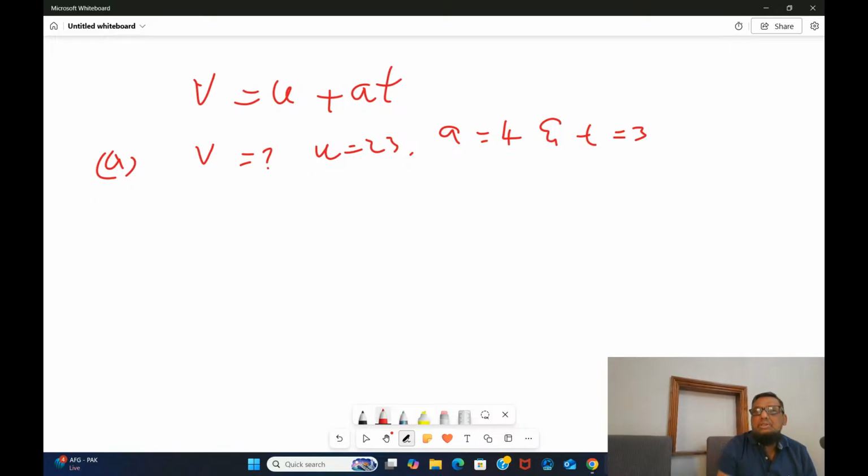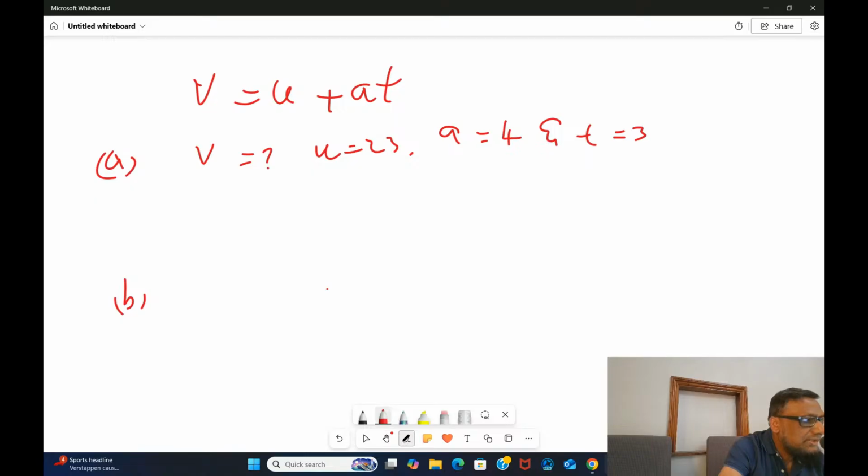So t equal to 3. We need to find the value of V. Value of U is 23, A is 4, and t equal to 3. And the second part is what?